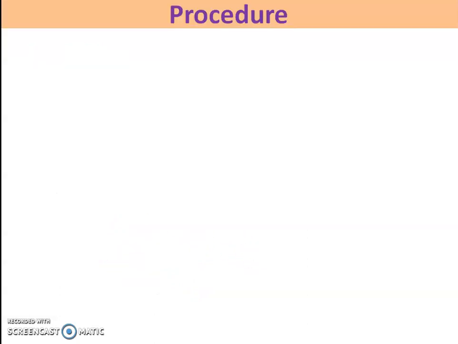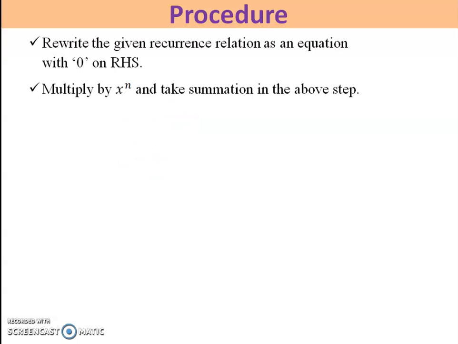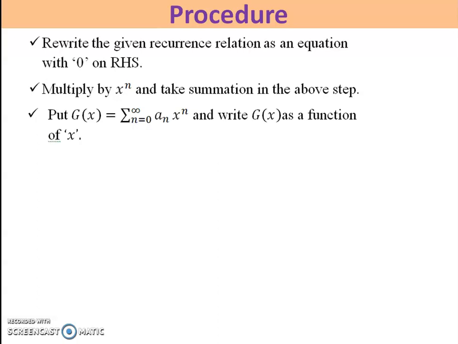Procedure to find the generating function for the given recurrence relation. Rewrite the recurrence relation as an equation with a 0 on the right hand side. Multiply by x power n and take summation in the above step. Put g of x equal to summation n running from 0 to infinity an x power n, and write g of x as a function of x.